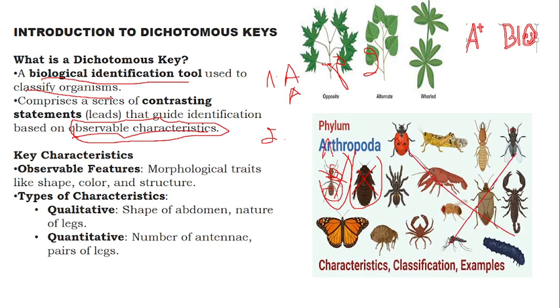If this is A, you say 3 body parts, it is A. Otherwise, if there are more than 3 body parts, you say go to 3. Continue like that, with a series of contrasting statements, until you get the unique features of each organism. But the idea is you should start with the large, huge characteristics.